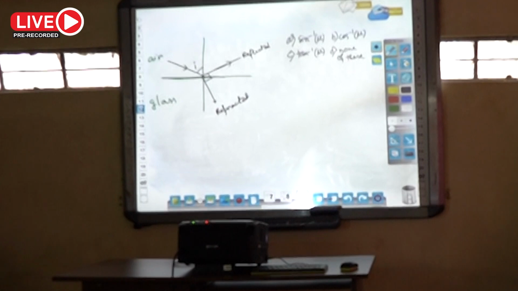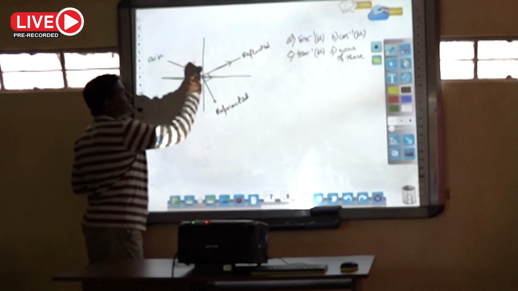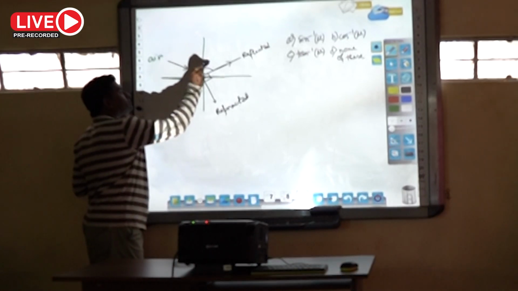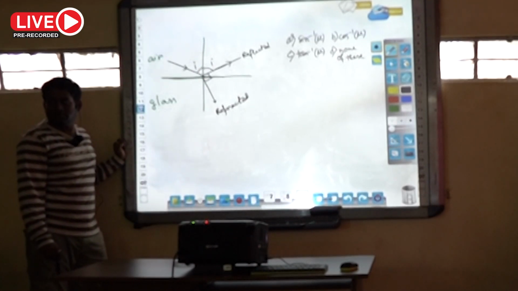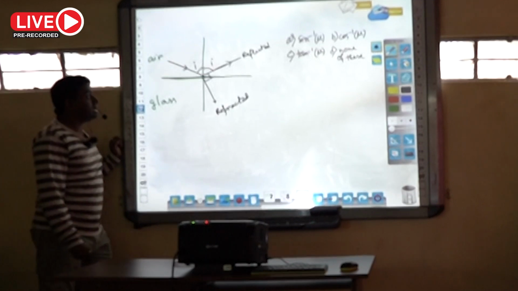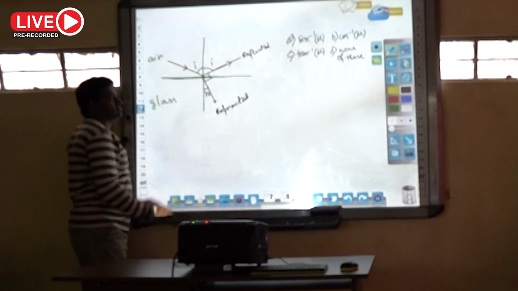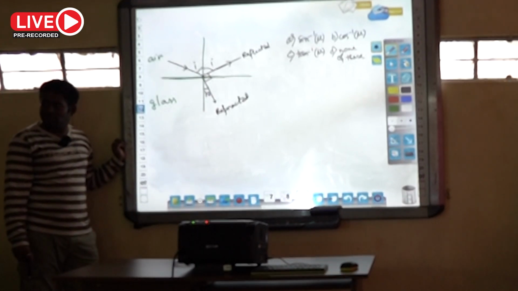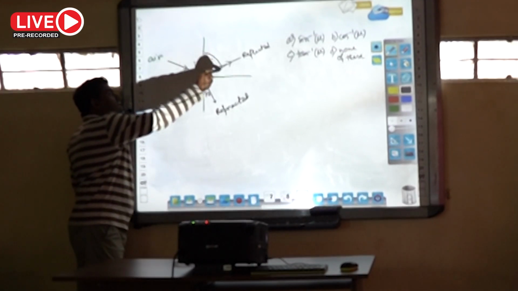From Snell's law, you can derive the answer. See, this angle of incidence is taken as I. So I consider this angle of reflection, that is also I, because the angle of incidence and the angle of reflection are equal. Only the angle of refraction is different, R. Then consider the sum of these three angles.